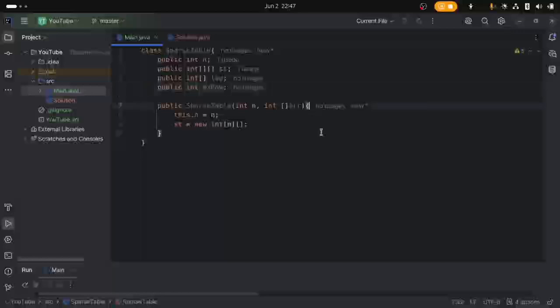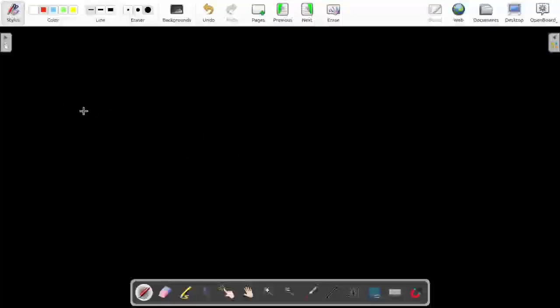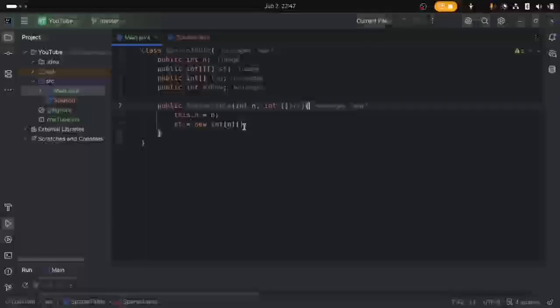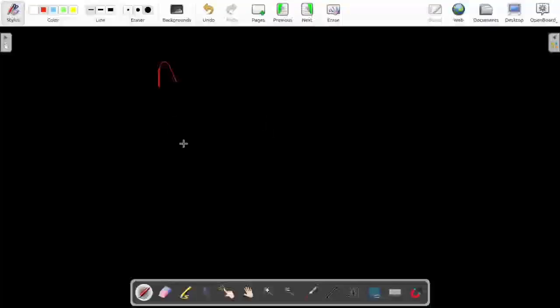That is, what is the maximum power of 2 we need? We will be having an array of length n, and for declaring the second parameter, we should know the j such that n must be less than or equal to 2 to the power j.